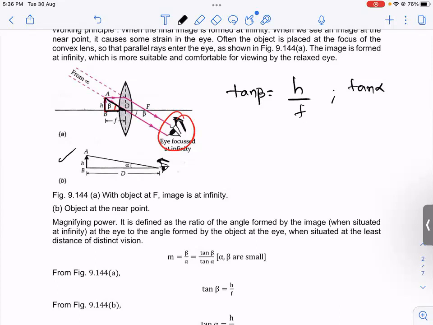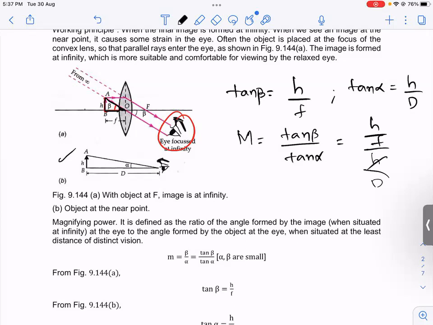So tan alpha is H by D. So what will the magnifying power be? Here I didn't derive linear magnification; I'm still writing the formula for magnifying power. Magnifying power is tan beta by tan alpha. So H by F divided by H by D. It will get cancelled. It will be D by F.